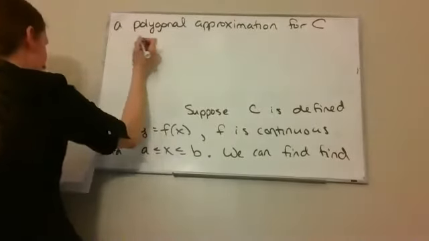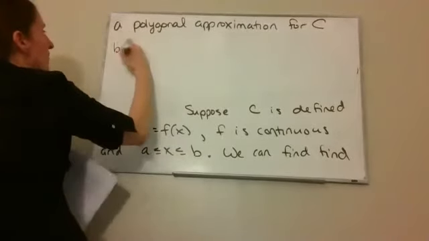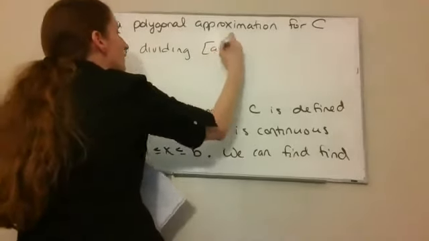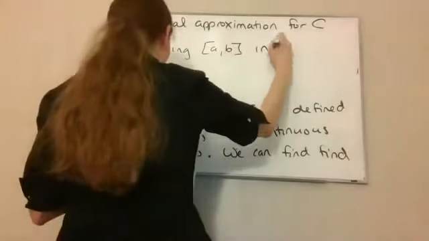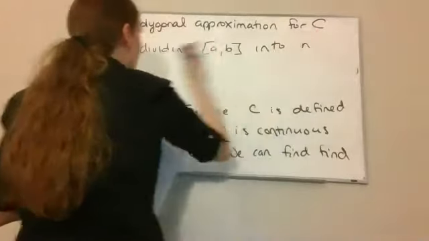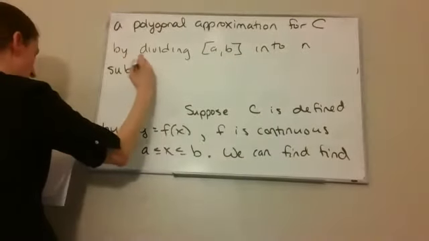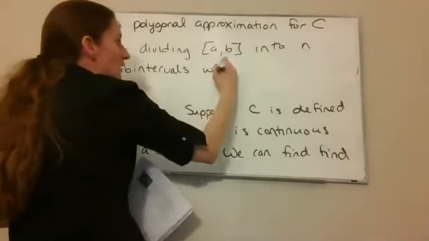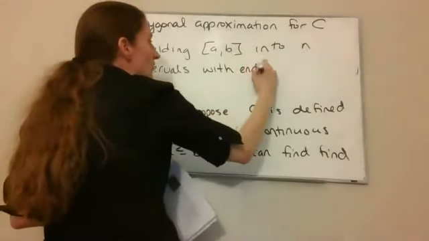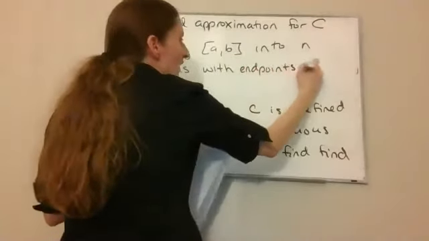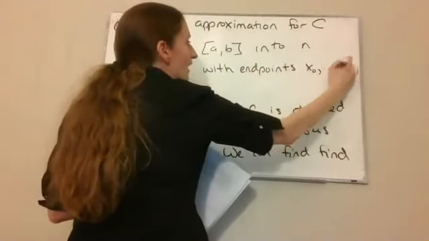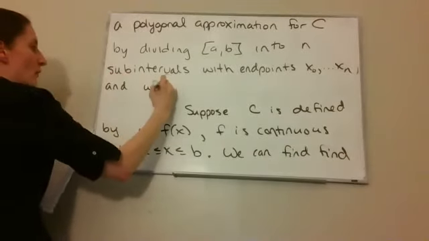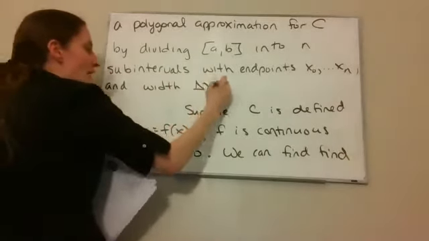We can find this approximation by dividing our interval, AB, into n subintervals with endpoints x0 through xn, and equal width delta x.